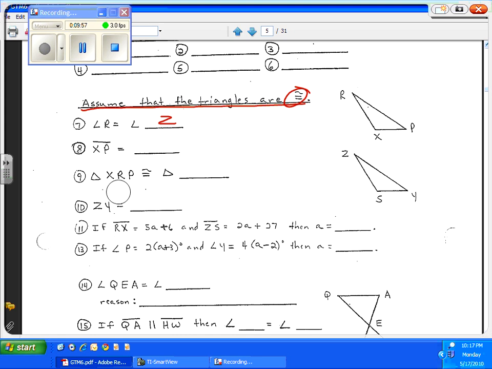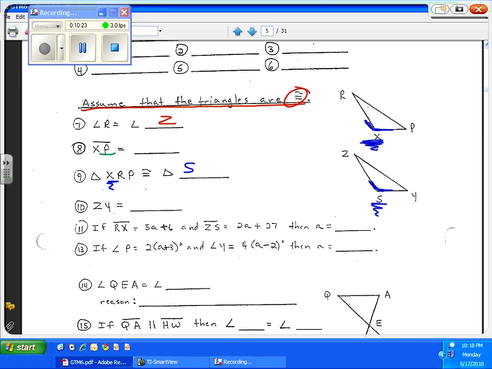Since we must name corresponding parts in order, if we name X of the first triangle first, and X corresponds to S, then we must also name S first here and name those corresponding parts in order.